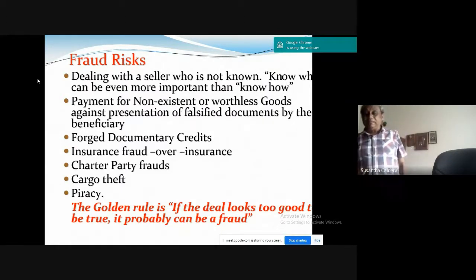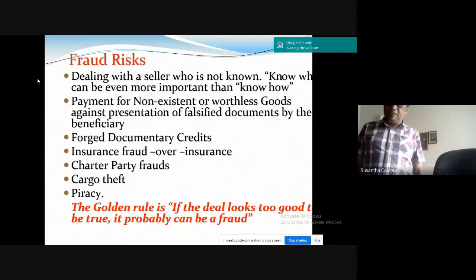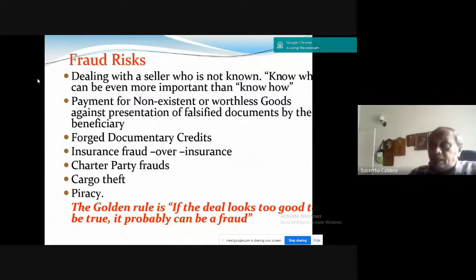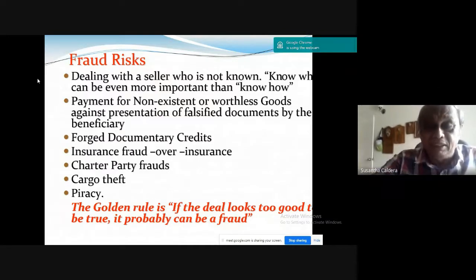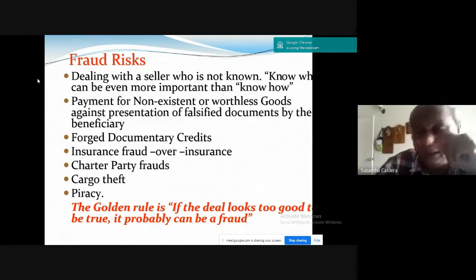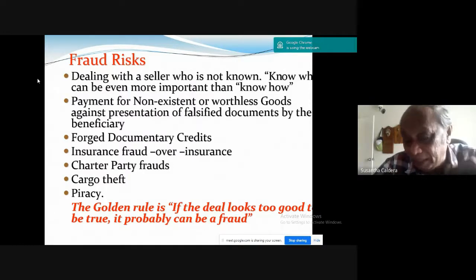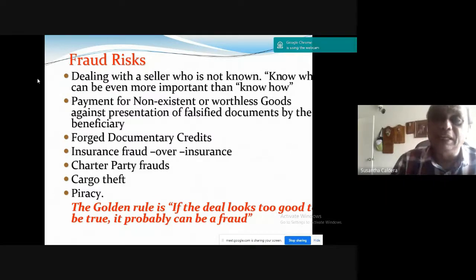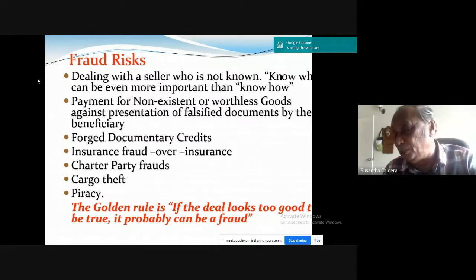Only yesterday the ship came to Sri Lanka, so I have another 2-3 days before demurrage. I will settle it once I receive the goods. Then the following day he came, settled the bills, and we remitted the money. Then he took the BL and went to the port and cleared the goods.